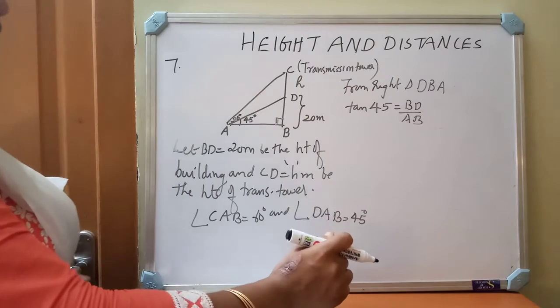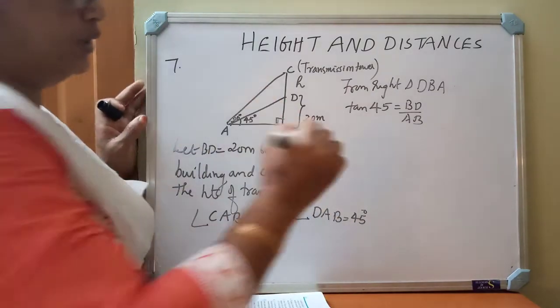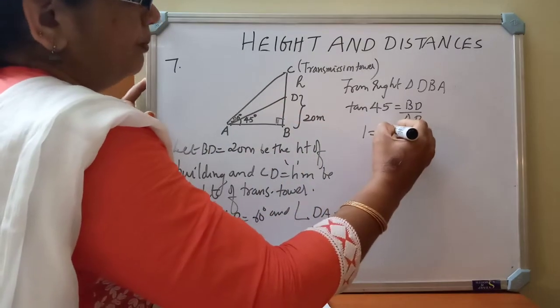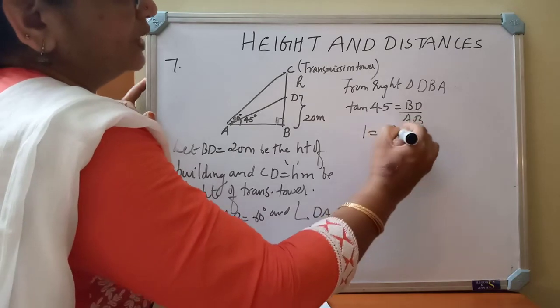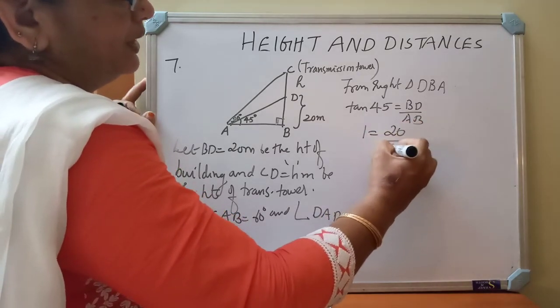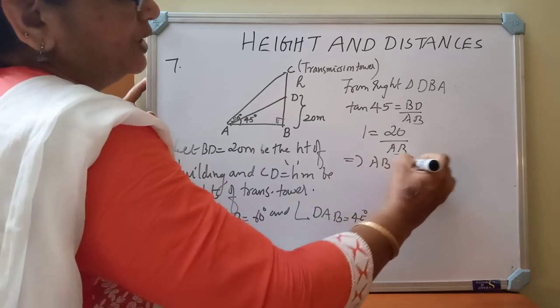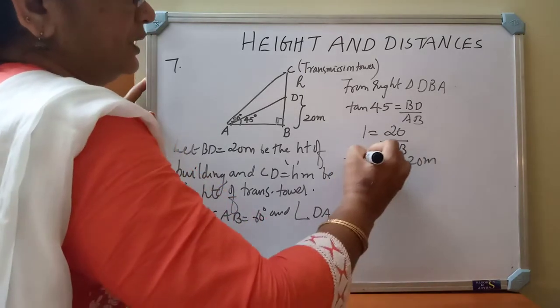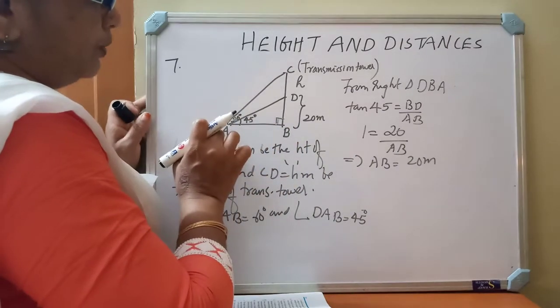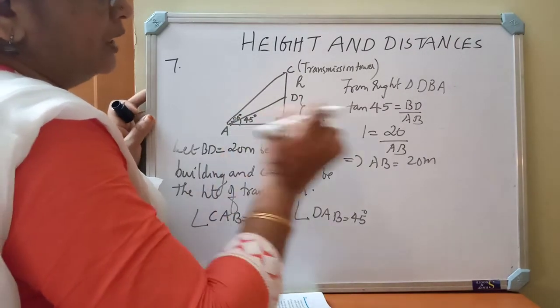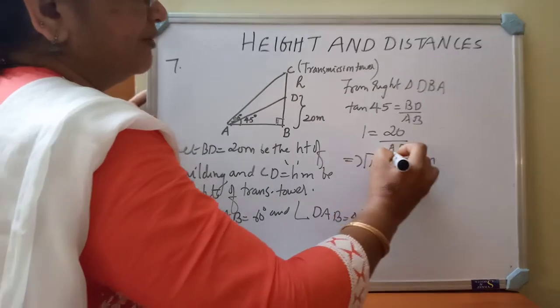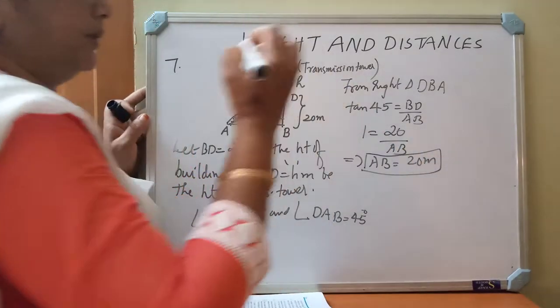What is the value of tan 45? 1. So 1 is equal to BD, they are given the value as 20 meter, divided by AB. Which implies AB is equal to 20 meter. So the distance from the point of observation to the foot of the building we got as 20 meter, AB.